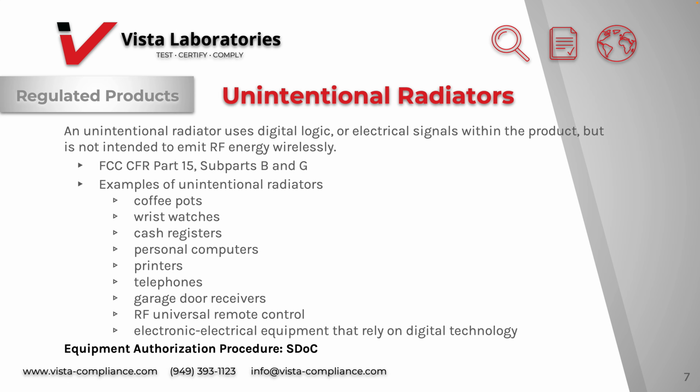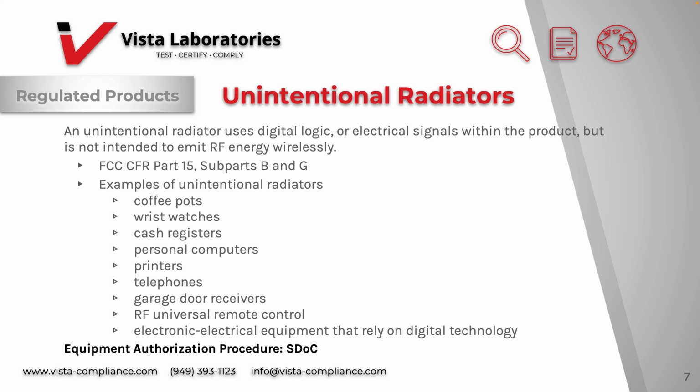Examples of unintentional radiators include coffee pots, wristwatches, cash registers, personal computers, printers, telephones, garage door receivers, wireless temperature probe receivers, RF universal remote controls, and thousands of other types of common electrical equipment that rely on digital technology.